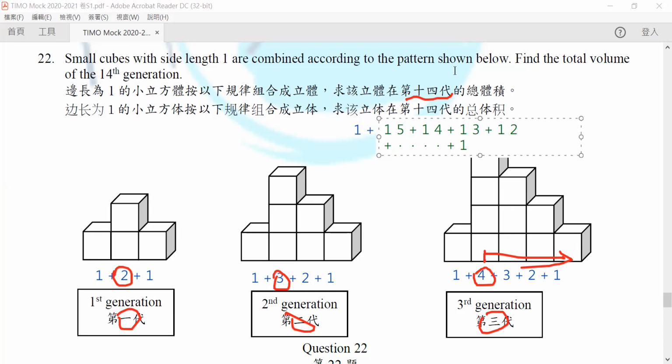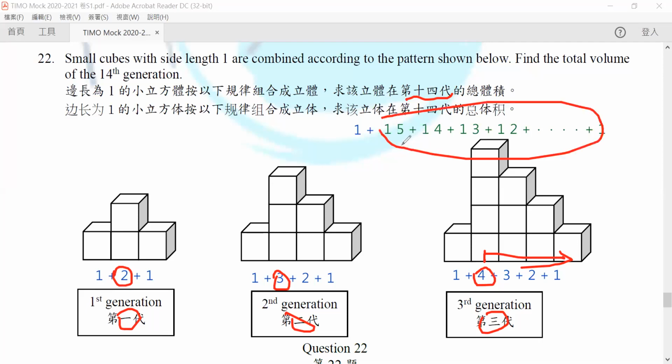All right. So the early part is 1, the later part is equal to this part. This part is just 15 times 16 divided by 2, which is 15 times 8, or 120.